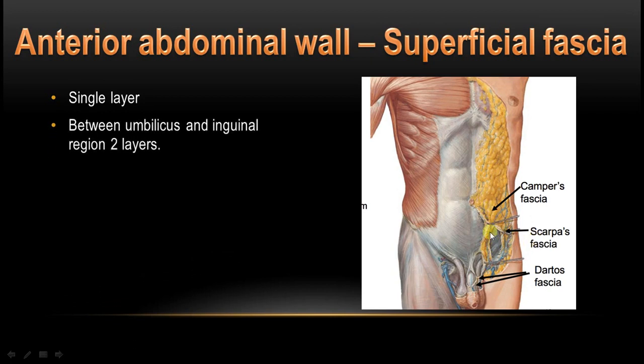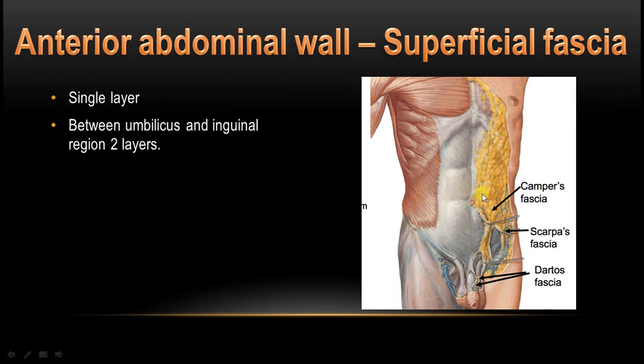Now these two, the superficial fascia, can be appreciated as two separate layers only below the midway between the umbilicus and the pubic symphysis. Along this line, midway between the umbilicus and the pubic symphysis. Above this line, these two fascia, that is the camper and the membranous layer, Scarpa's fascia, are fused.